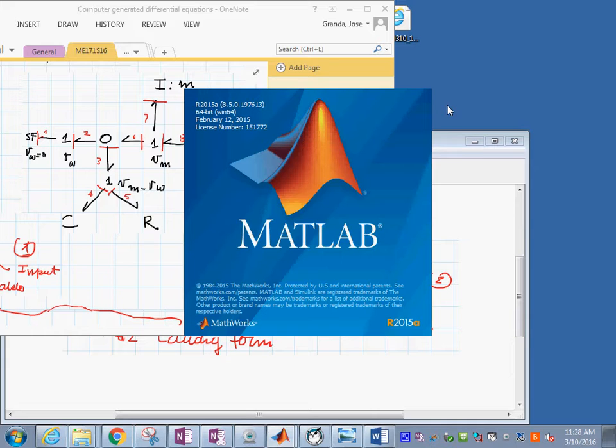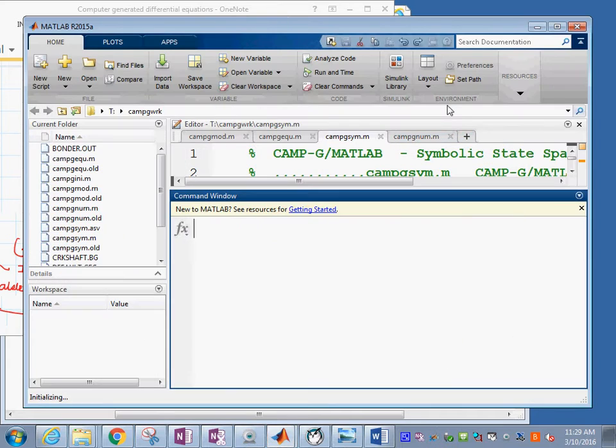Now that the two programs interacted with each other and did a handshake, you see the steps over here. It produced a model file which we use for the time domain simulation, and a CAMG EQU, which is the equations file, and we have two other files that we will talk about later on.